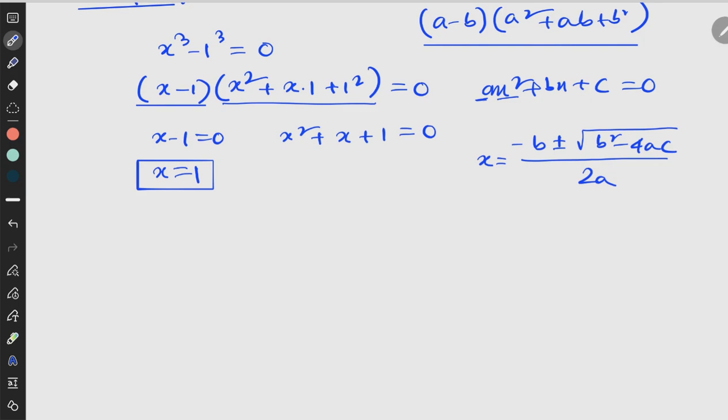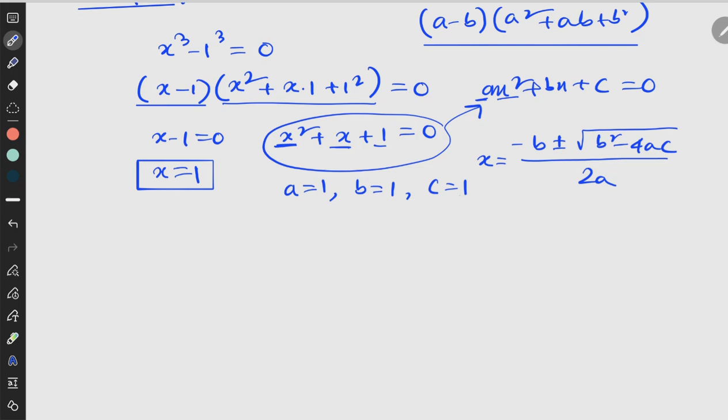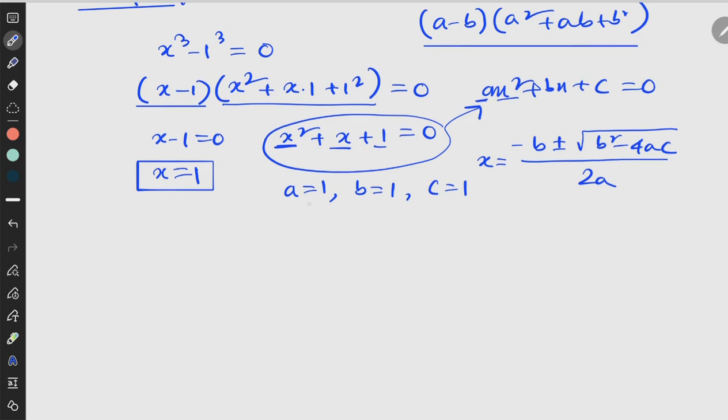Here a equals 1, b equals 1, c equals 1, because the coefficient of x square is 1, the coefficient of x is 1, and the remaining part is 1.